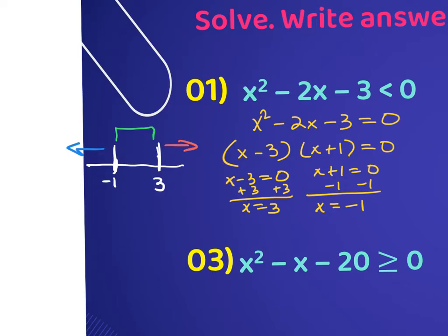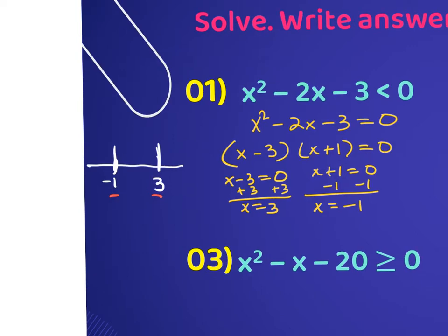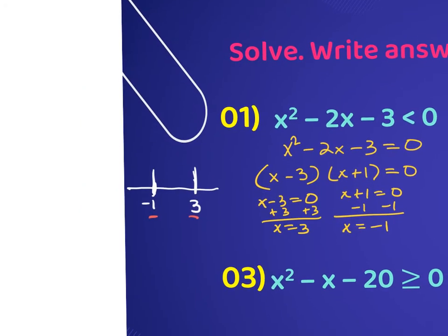So here's where my test point comes in. So I'm going to choose a number to plug into the original inequality from one of the areas. The number I like to plug in is 0. Okay, as long as 0 is not one of these numbers, you can use it as a test point. So I'm going to go back to my original, and I'm going to plug in 0 for x squared, 0 for the x that's next to the -2, and then -3 less than 0.